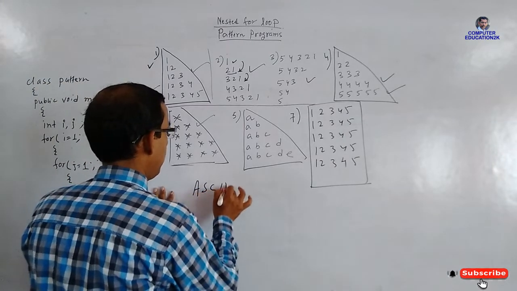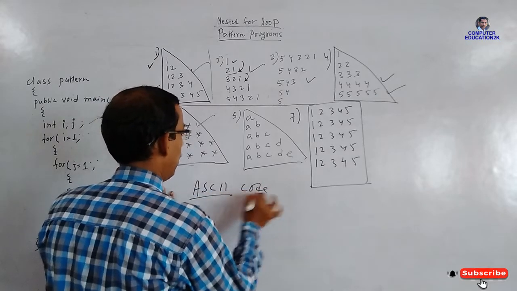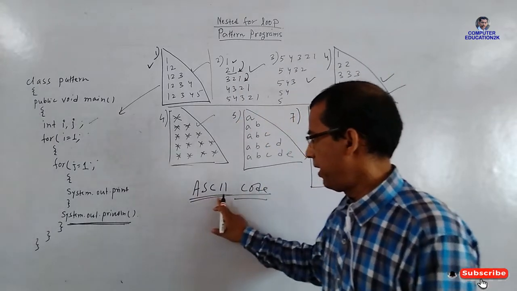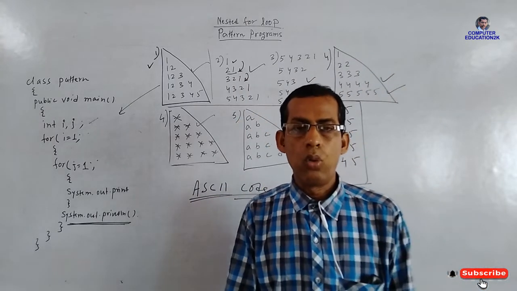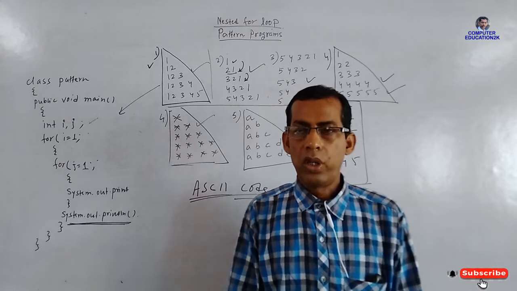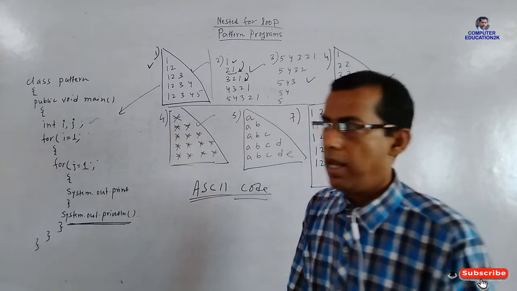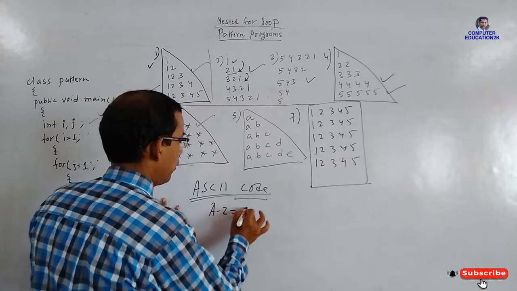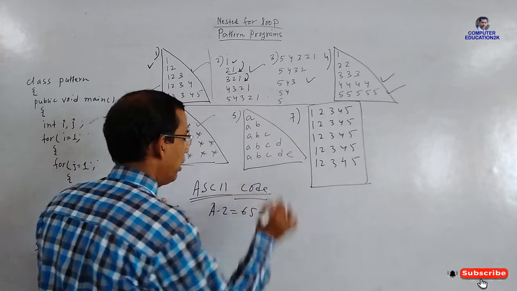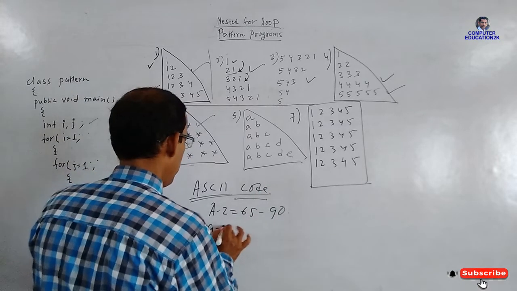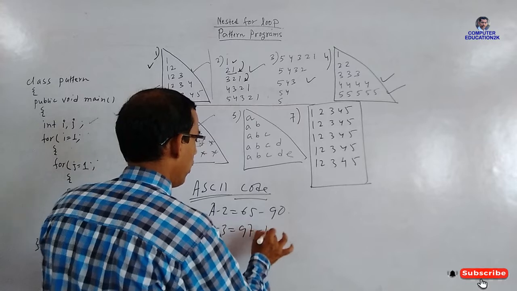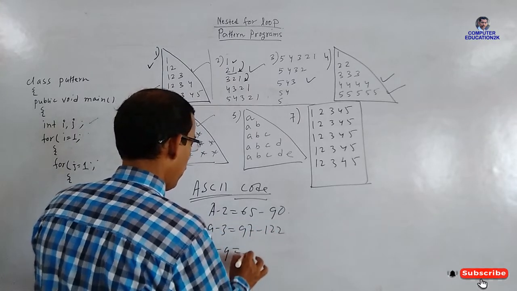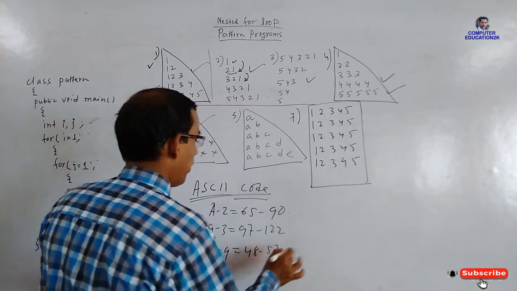ASCII code. To do this program, you should know the ASCII code. ASCII stands for American Standard Code for Information Interchange. Every letter has an ASCII code: A to Z is 65 to 90, small a to z is 97 to 122, and 0 to 9 is 48 to 57.